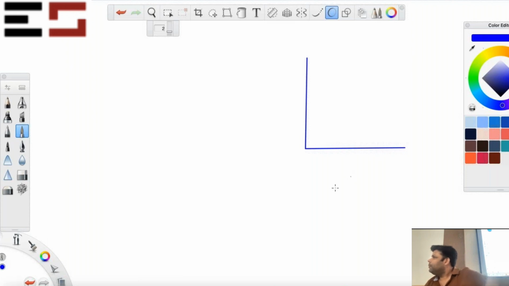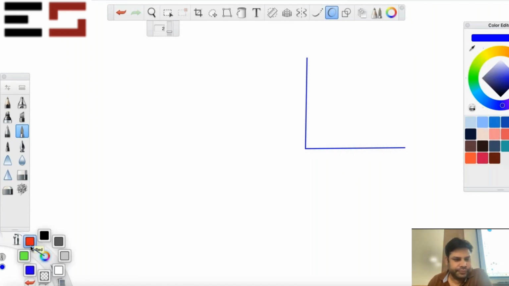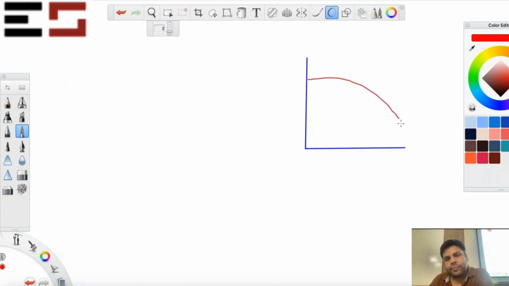Is that okay? Fine. So suppose you have a graph like this. Or you have a graph like this. Or you have a graph like this.